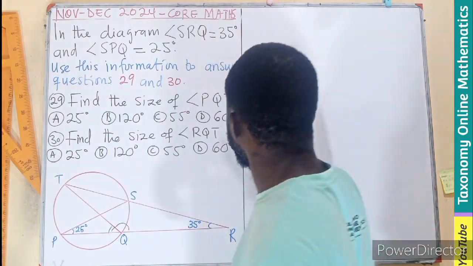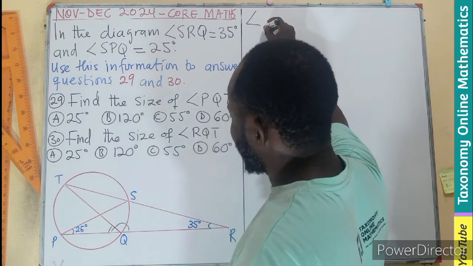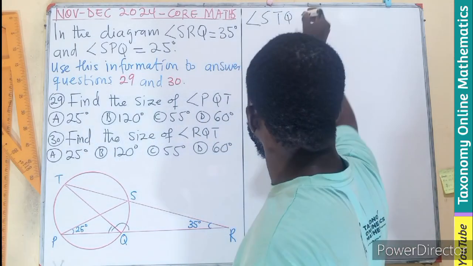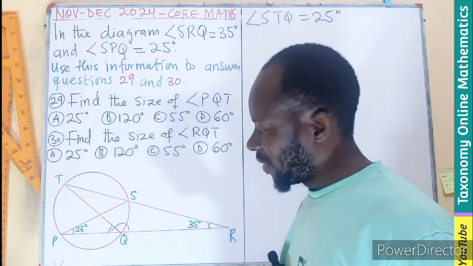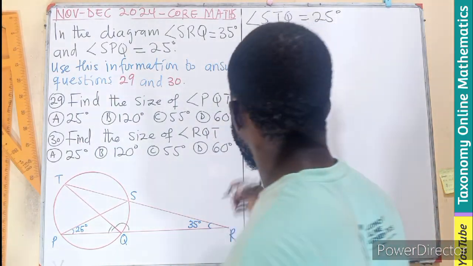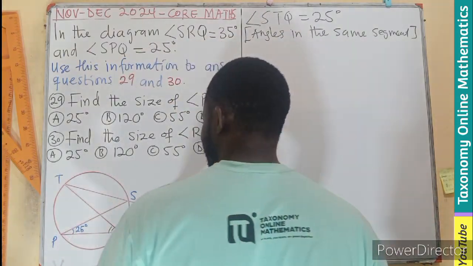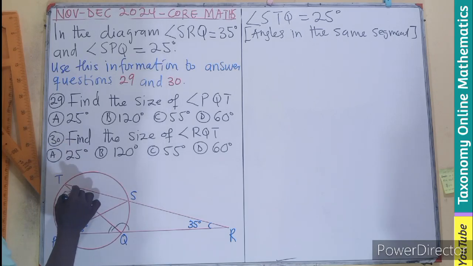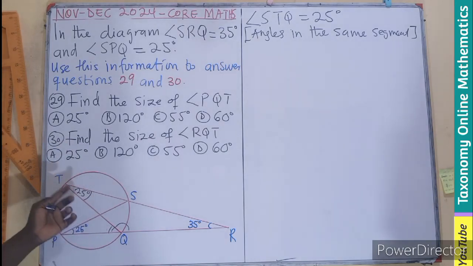So I'm going to say that the angle STQ, this very angle, is equal to 25 degrees. And what property accounted for that? Angles in the same segment. So this will also be 25 degrees. So that completes my triangle.